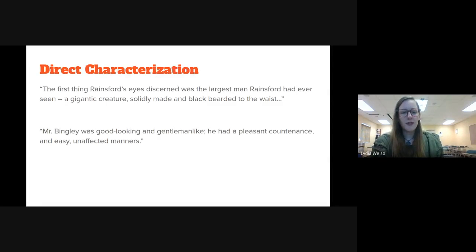Or, quote, "Mr. Bingley was good-looking and gentlemanlike. He had a pleasant countenance and easy, unaffected manners." Now, Jane Austen tells us this about Mr. Bingley because she wants to get on with the story, right? She's just introducing her characters so that she can go on to the more interesting parts. Mr. Bingley is good-looking.